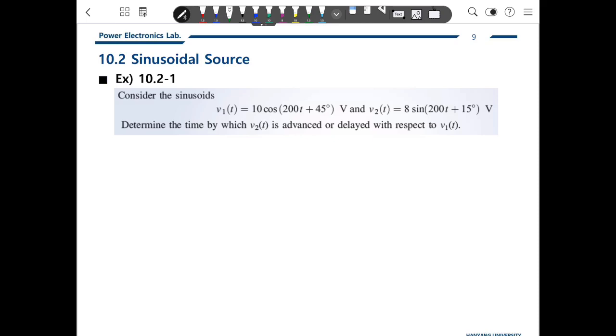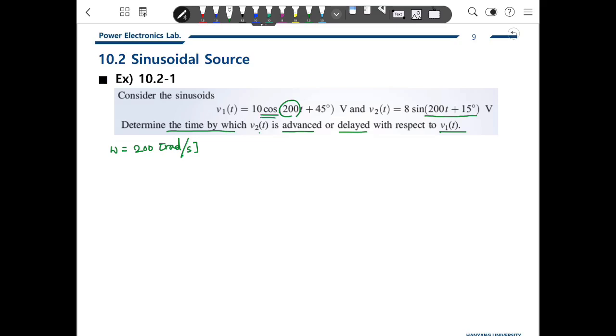Consider V1(t) is 10 cosine (200t plus 45 degree) volt, and V2 is 8 sine (200t plus 15 degree). We need to determine the time by which V2 is advanced or delayed with respect to V1. At first, we need to think about the angular frequency. Angular frequency omega is 200 radian per second.